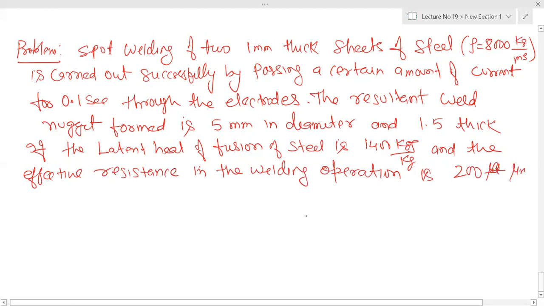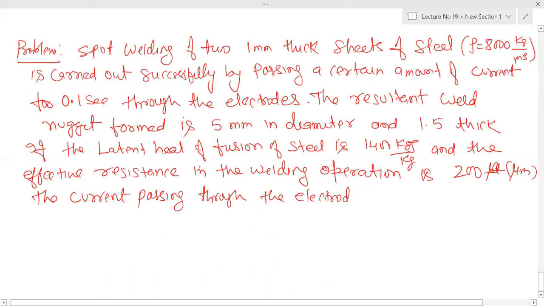Micro-ohm, okay. So there is a problem here.